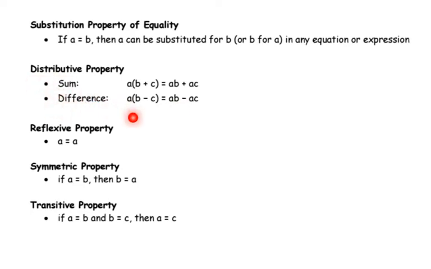A times B minus A times C. The reflexive property, A equals A. Symmetric property, if A equals B, then B equals A. So kind of flipping it. The transitive property, that if A equals B and B equals C, then A must equal C.